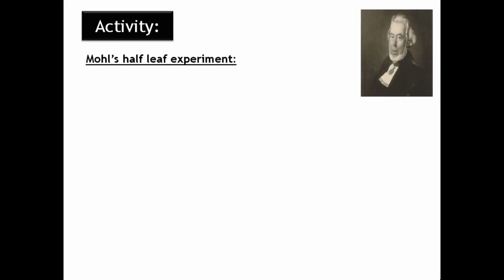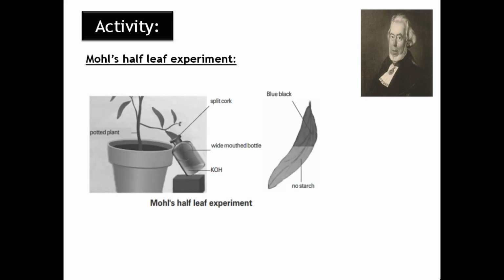In connection with air and photosynthesis, we have another activity which proves that carbon dioxide is necessary for photosynthesis. The inventor of this experiment was Moll, hence this is also called Moll's half-leaf experiment. To perform this activity, we need a destarched plant which has long narrow leaves.